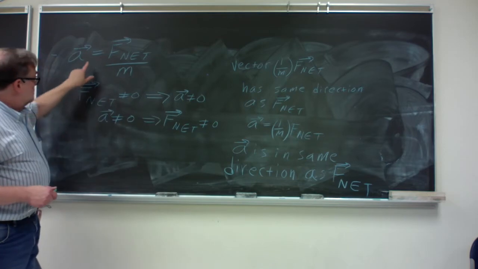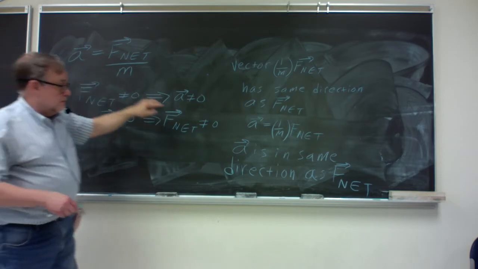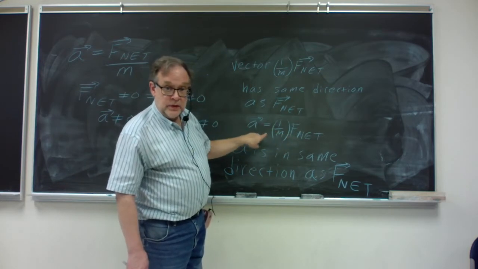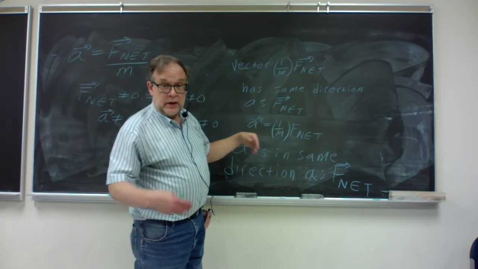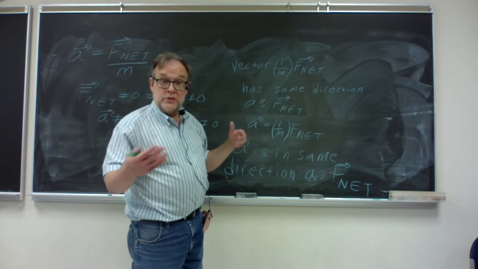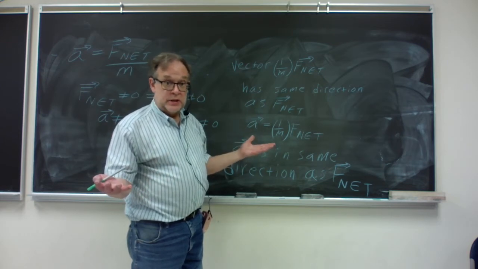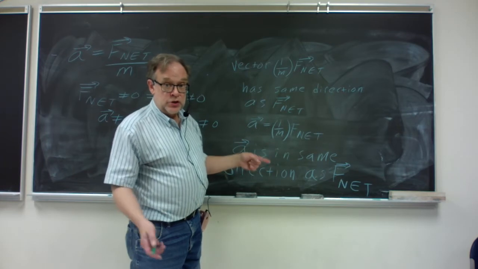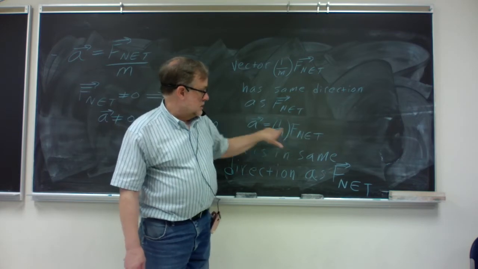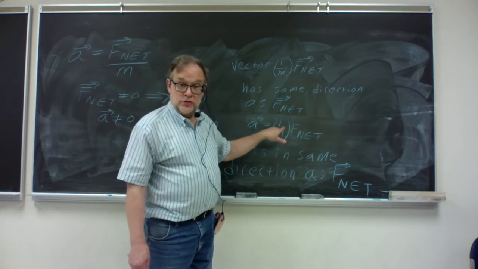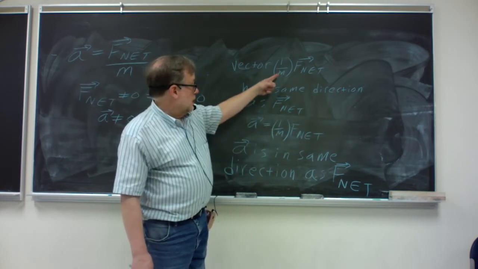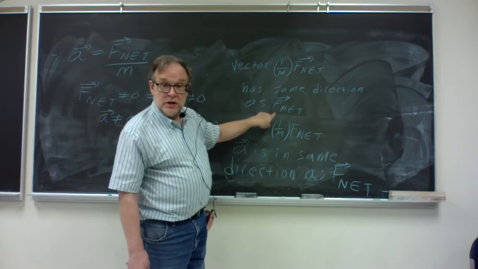Furthermore, here in Newton's second law, you've got a vector on one side of the equation, a vector on the other side of the equation. In order for two vectors to be equal, they have to have the same magnitude, the same size, but they also have to have the same direction. If they're not pointing in the same direction, they are not equal vectors. So the direction of the acceleration is the same as the direction of this vector, 1 over mass times net force, but the vector 1 over mass times net force has the same direction as the net force.